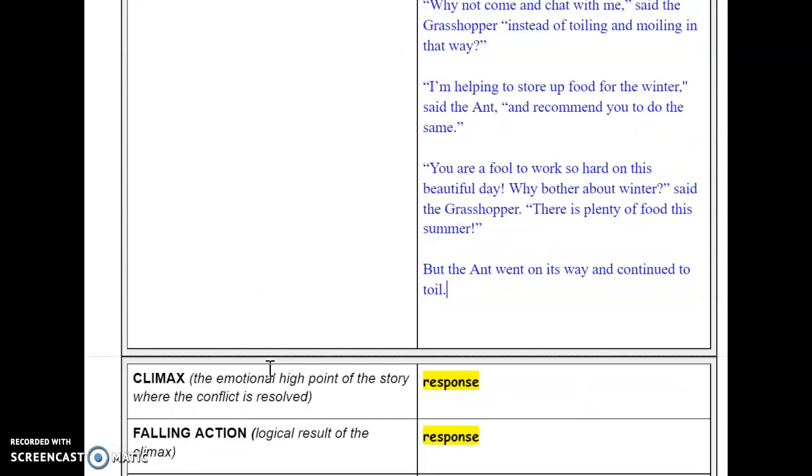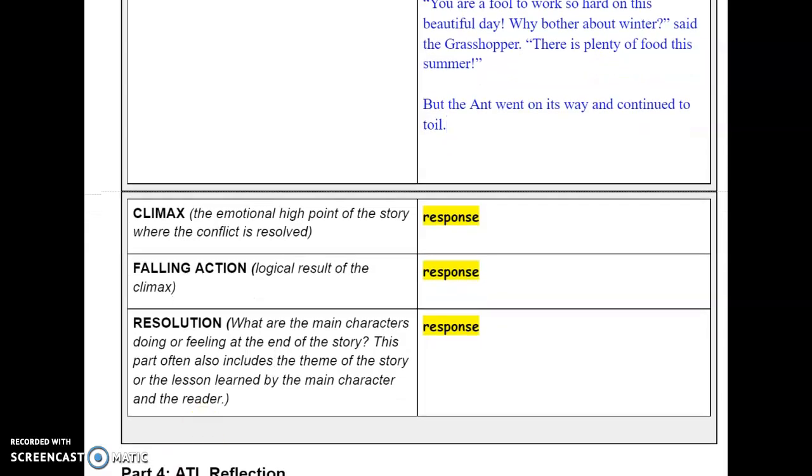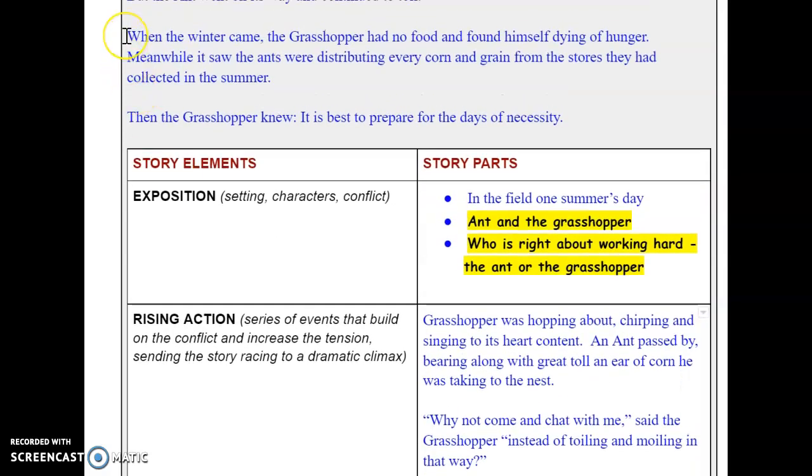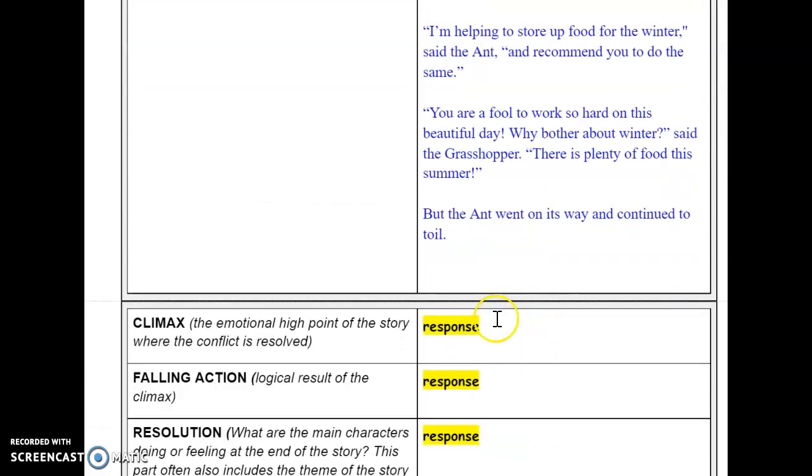The next step is to find the climax. At that point, do we know that the grasshopper is wrong? And I would say this sentence here is saying that the grasshopper is dying of hunger because he did not store up the food. So that would be the climax.